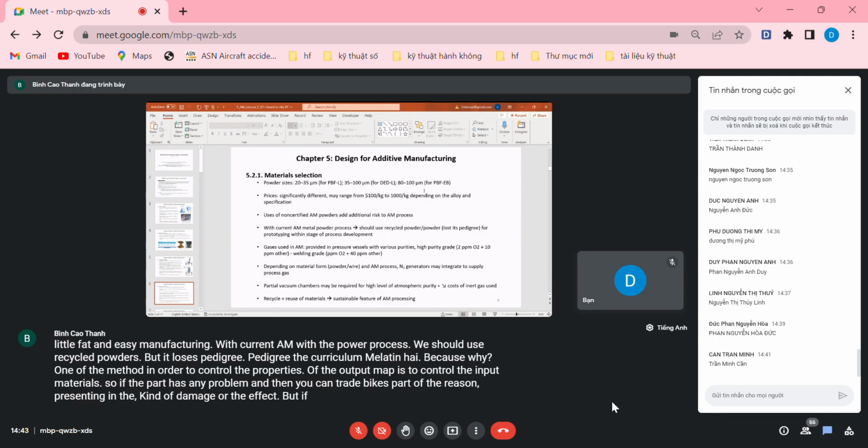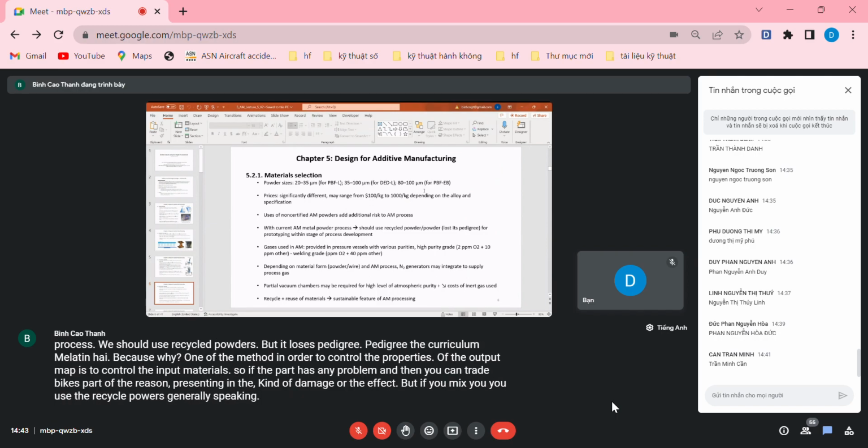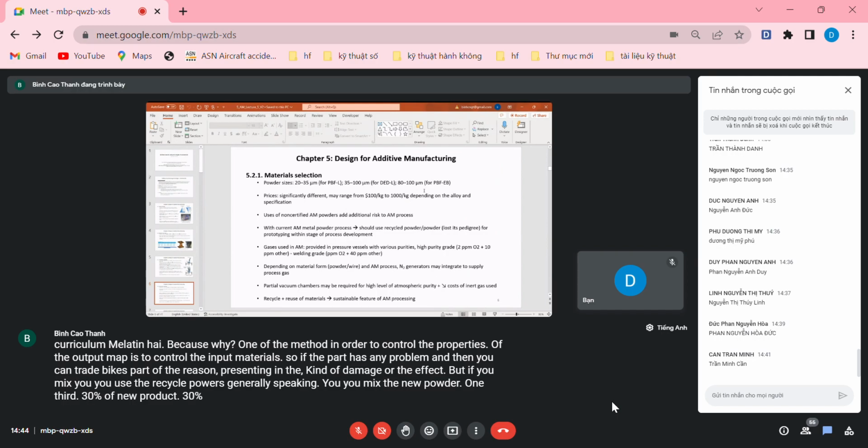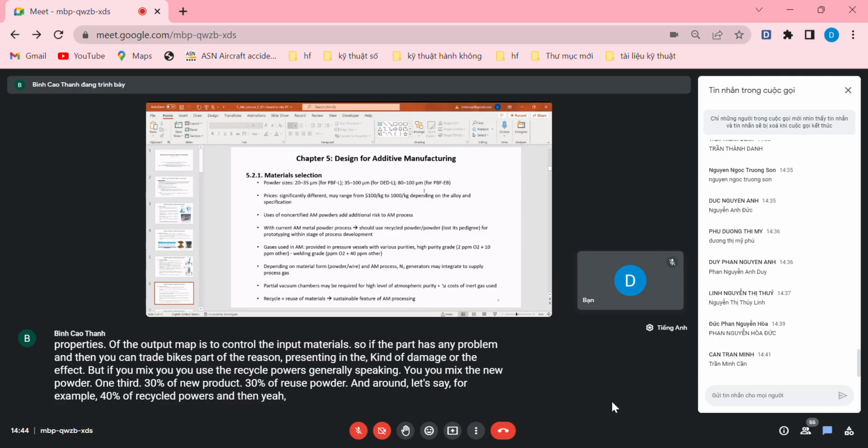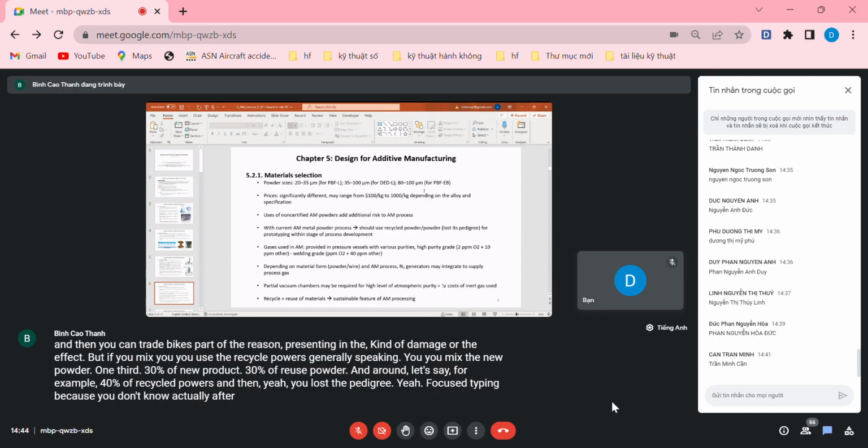But if you use recycled powders, generally speaking, you mix new powder, say 30% new powder, 30% reused powder, and around 40% recycled powders, and then you lose the pedigree. That is fine for prototyping, because afterward you don't know which powder was used for making the part, since you already mixed them together.